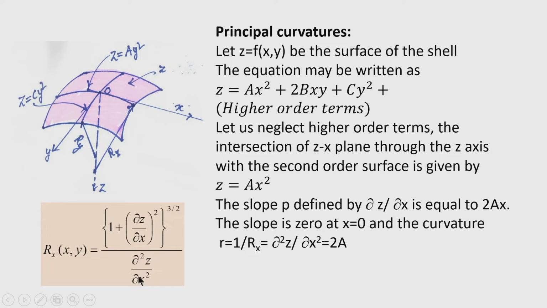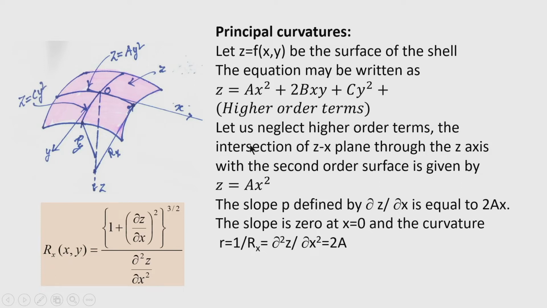So, this gives the radius of curvature of the curve that is aligned along the x direction. Similarly, we can find the radius of curvature along the y direction. In that case we have to substitute here del z by del y and here del square z by del y square.